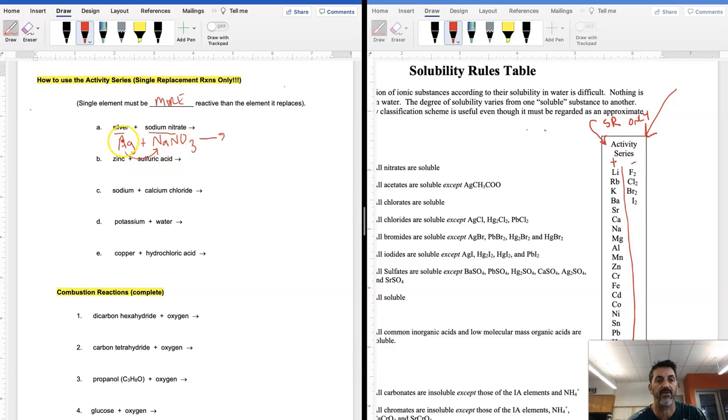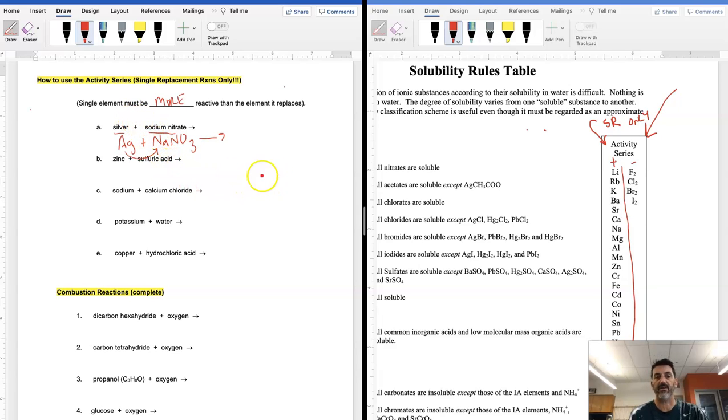So in this case, sodium's positive and silver's positive. So those two are going to try and switch places with each other because they're both positive. So silver's going to try and come in and kick out the sodium because it wants to bond to the nitrate. So what we want to know is, can silver come in and actually kick out the sodium?